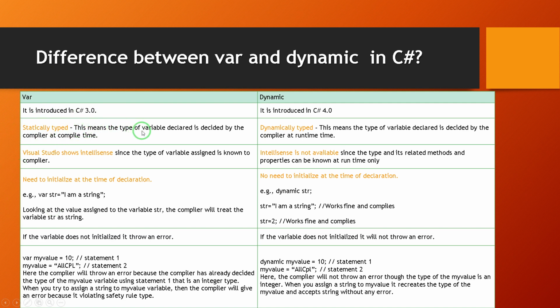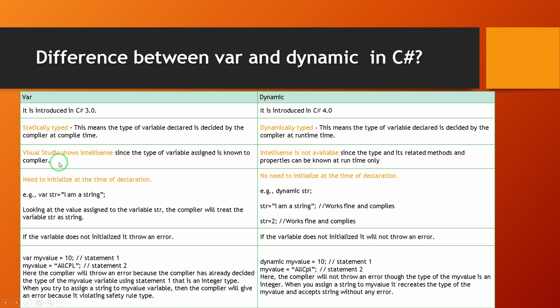This means the type of variable declared is decided by the compiler at compile time. And dynamic is dynamically typed. This means the type of the variable is decided by the compiler at runtime.